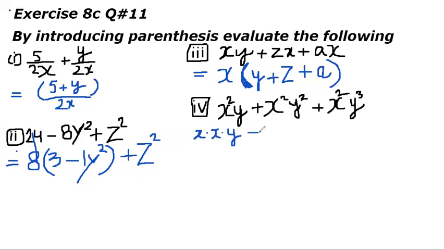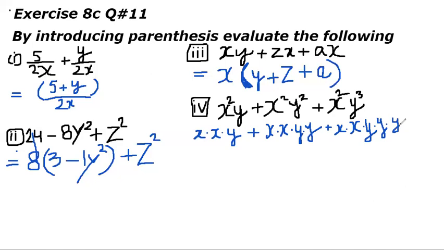Plus x square y square means x multiplied by x and y multiplied by y, plus x square y cube means x multiplied by x and y cube means y multiplied by y multiplied by y.